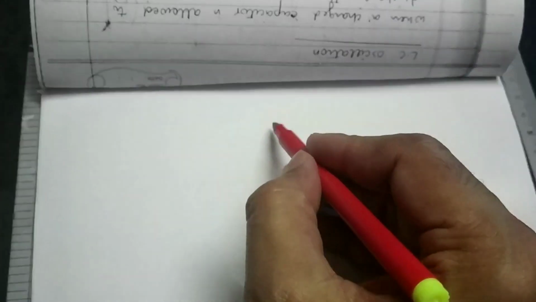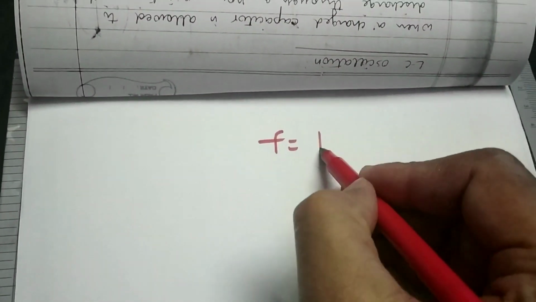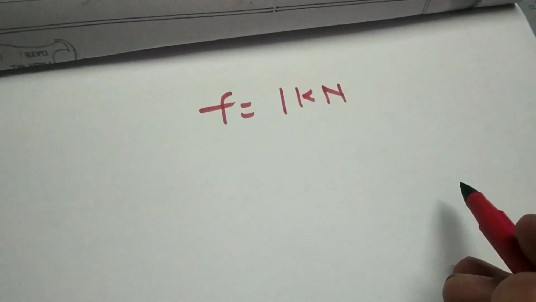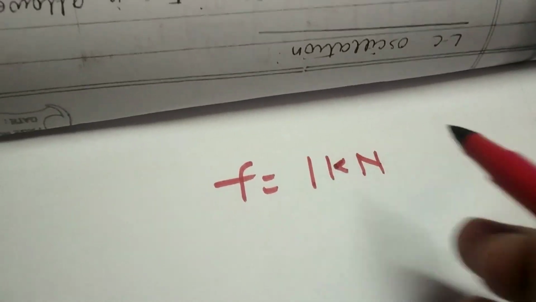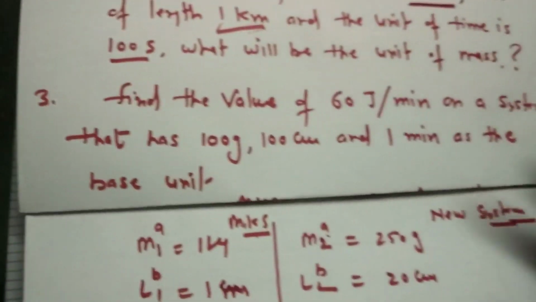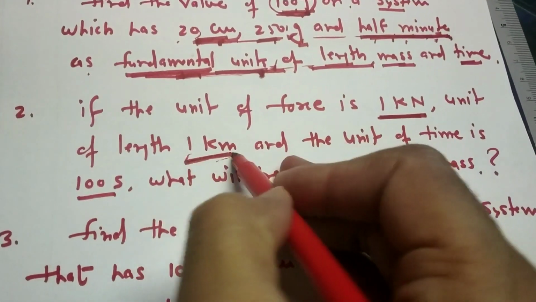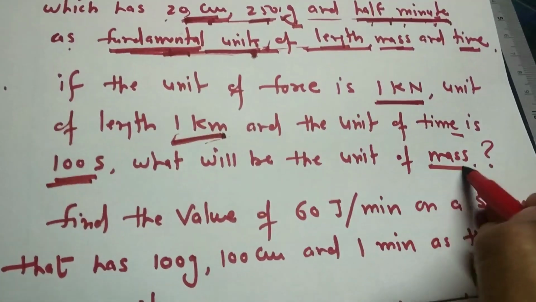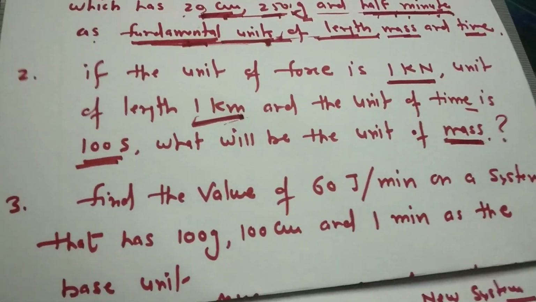Force is given as 1 kilonewton, and the other quantities are already given: length is 1 kilometer and time is 100 second. You have to find the mass.